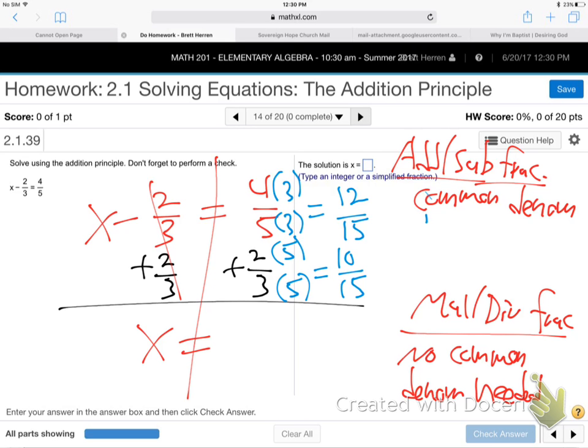Is that good? So you make both denominators 15 by multiplying by the other one. And then we can add those together, and you get 22/15. And that's it, we're done. It's okay to have the top bigger. Good on that? Makes sense? That's probably the worst one in the section right there.